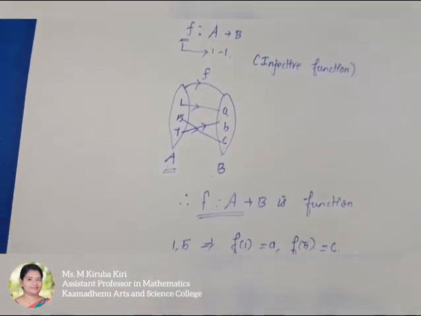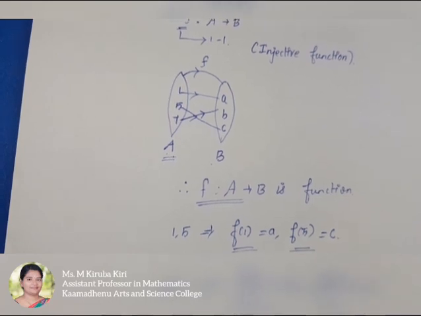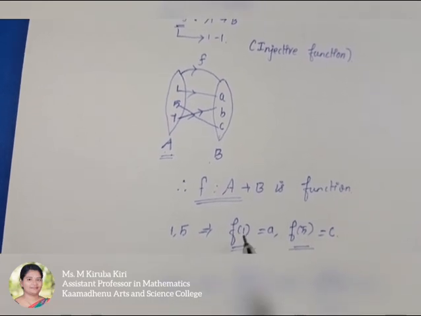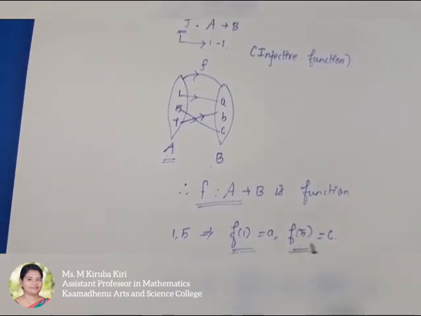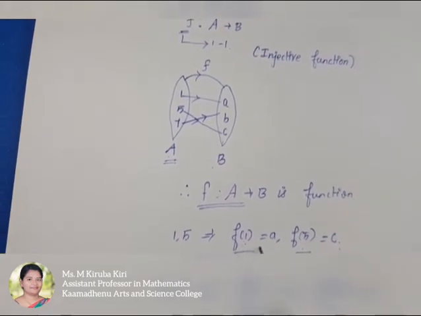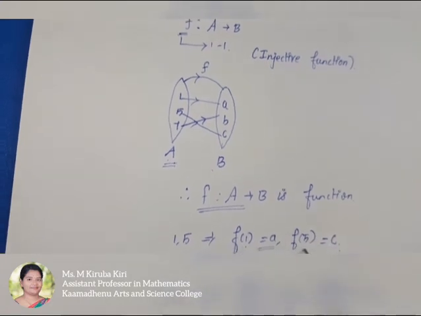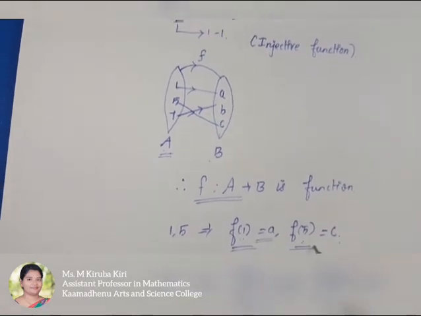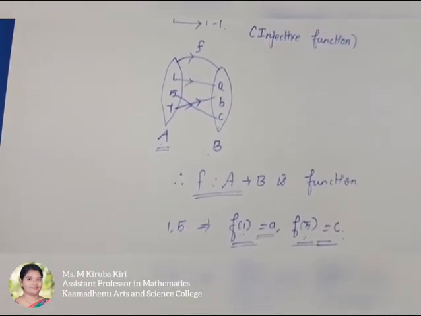So here we observe different elements having different images. 1 is having image a, and 5 is having image c.